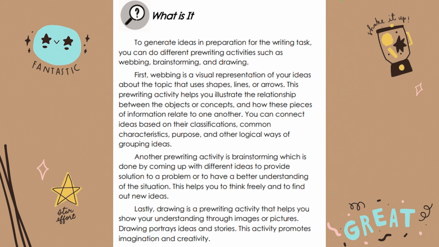This pre-writing activity helps you illustrate the relationship between the objects or concepts and how these pieces of information relate to one another. You can connect ideas based on their classifications, common characteristics, purpose, and other logical ways of grouping ideas.